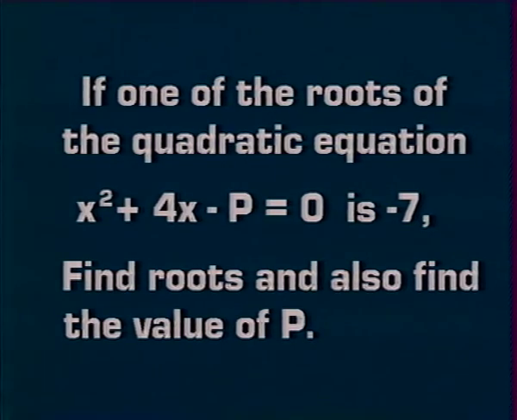So, now here are some problems for you. Solve them. These problems will help you to clear the concepts which we have learnt today. The problems are: if one of the roots of the quadratic equation x square plus 4x minus p equal to 0 is minus 7, find the other root. Also find the value of p.